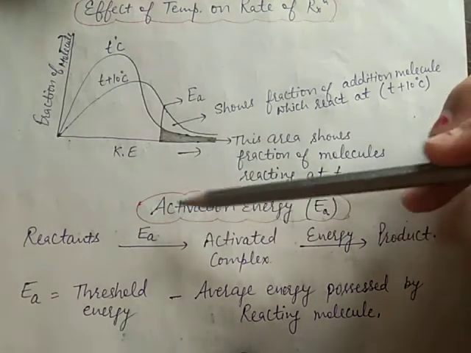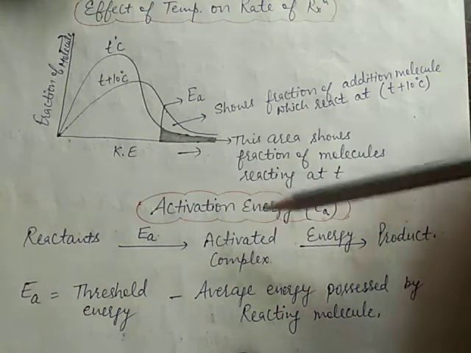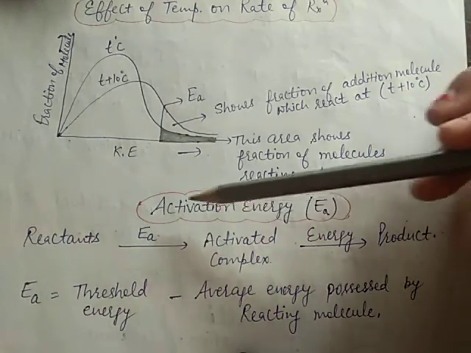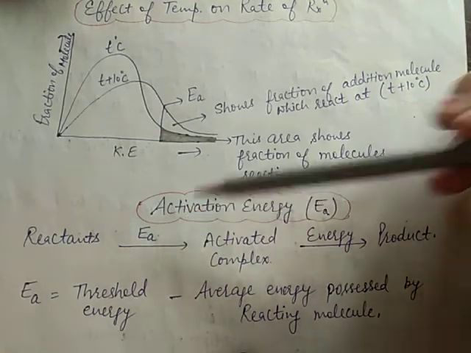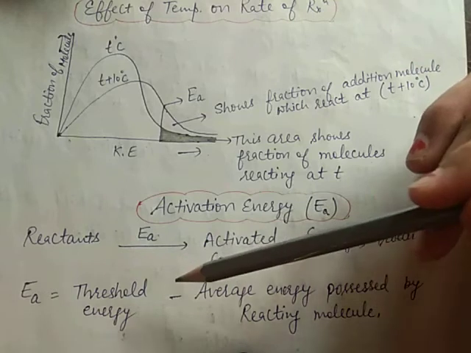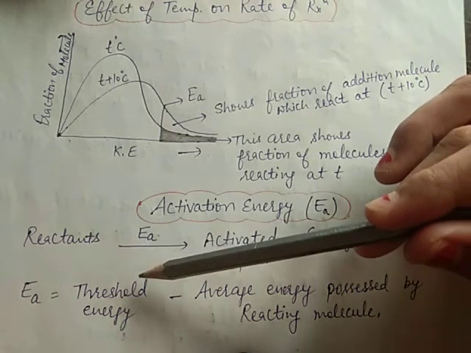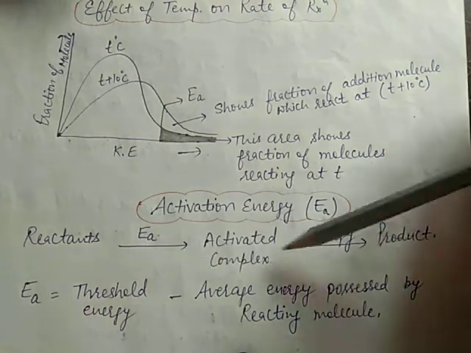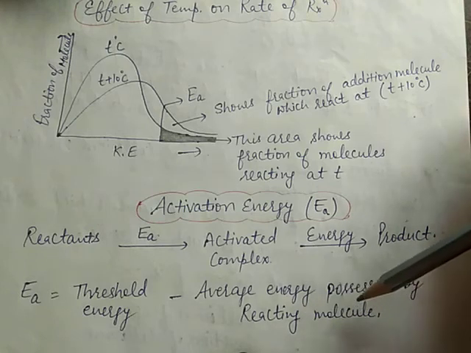Means the amount of energy required to form an activated complex. This is called as activation energy, and it is the difference between threshold energy and the average energy possessed by the reacting molecules.